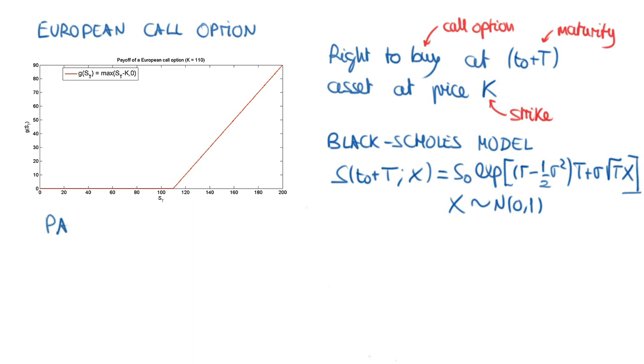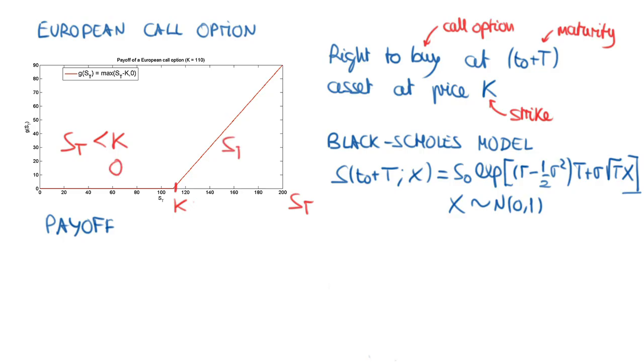Let's analyze the payoff of this option. There are two cases. If the price of the underlying asset at maturity is smaller than the strike, then it will not be worth exercising the right to buy the asset at price K, which is higher than the market price of the asset. Therefore, for this case, the payoff will be zero.